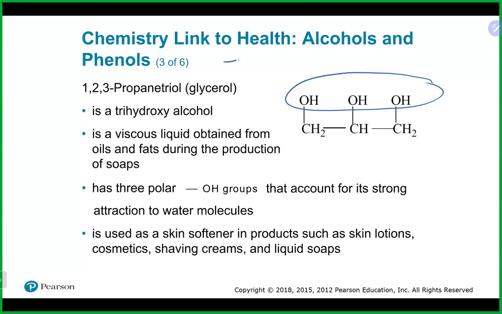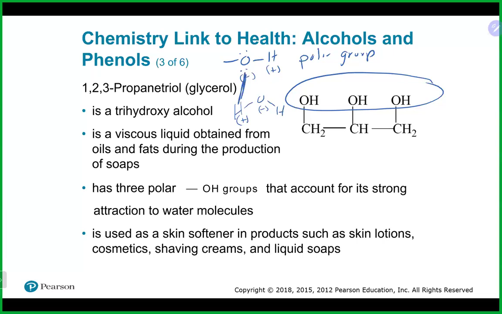Remember, the OH group is a polar group, more negative on the oxygen, more positive on the hydrogen. If they do have an OH group, it usually helps with their solubility with something like water, which basically has the exact same bond. That allows water and an alcohol to hydrogen bond with each other and interact with each other.